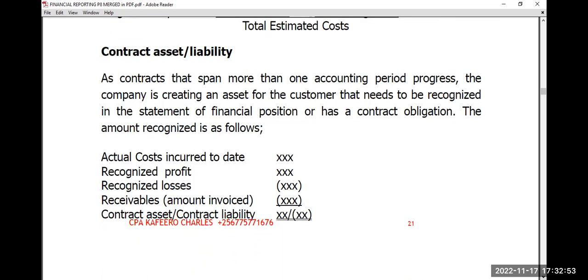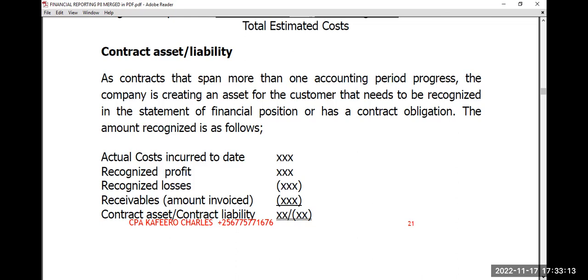We are saying that contracts that span more than one accounting period, we are looking at how we are going to determine the contract asset or the contract liabilities for those long-term contracts, the contracts that are delivered in more than one accounting period.